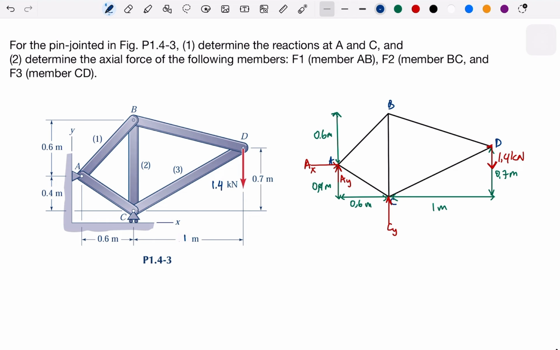So either we can take this as a reference or this, and then we can get both of them. So first, to make it easy, because A has two different reaction forces, let's try this one as a reference so we can get this Cy. Okay? So let's take that.